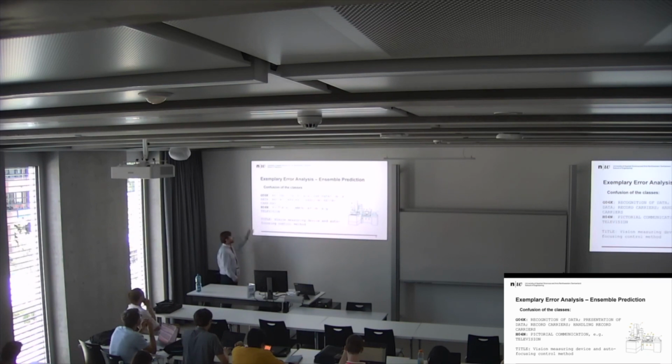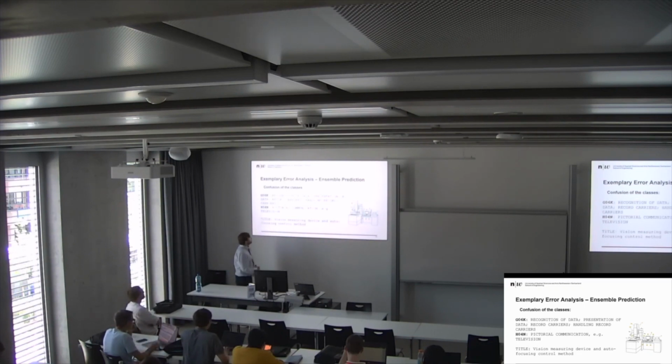The first one and the second one are the labels predicted by our ensemble model, and it was predicted as pictorial communication, television. So it is basically a visual measuring device and autofocusing method. You have a camera that checks if the measuring device is focused or not, and transmits that to the computer. So there is some relevance there.